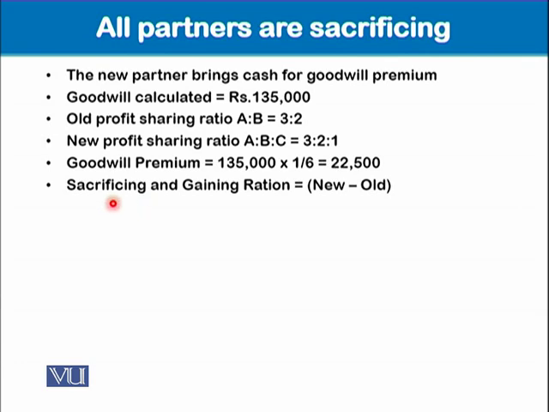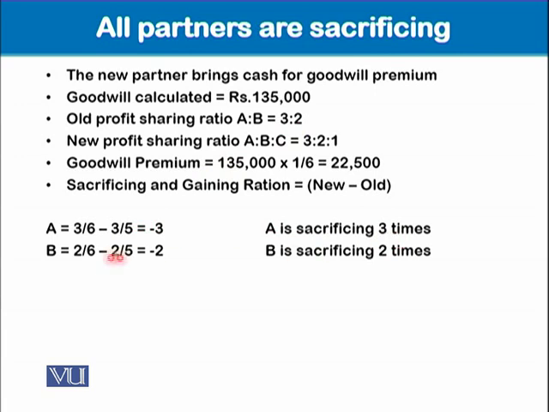We know very well that the sacrificing and gaining ratio is calculated as new minus old. So new ratio minus old ratio will give us the sacrificing or gaining ratio. For A, 3/6 is the new ratio, 3/5 is the old ratio, which gives minus 3, so A is sacrificing 3 times.